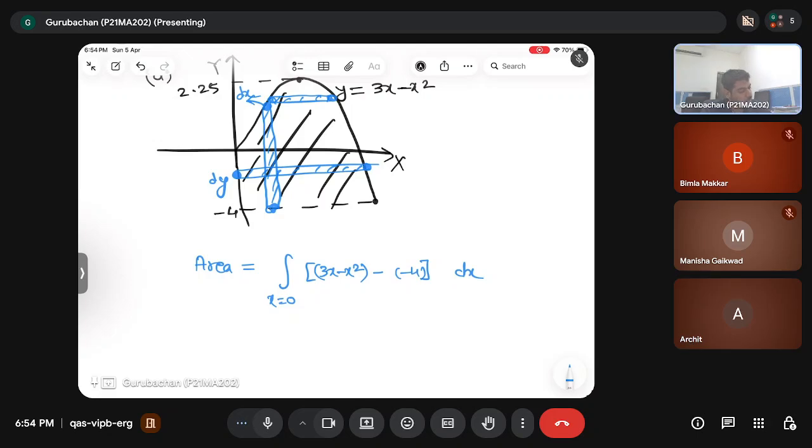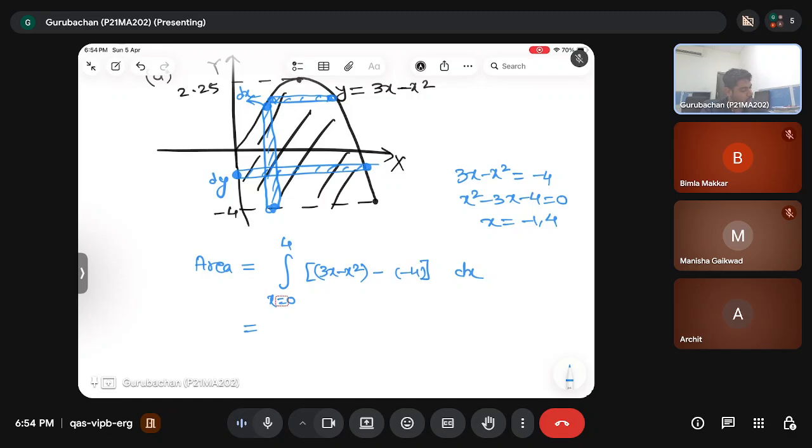So it has been written that 3x minus x square will attain the value -4. So x square minus 3x minus 4 is equal to 0. So obviously x equal to -1 and 4. So this will be 4.